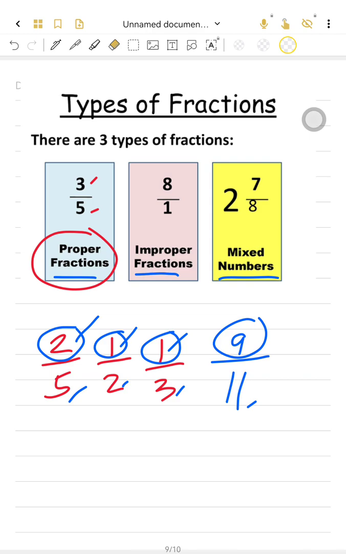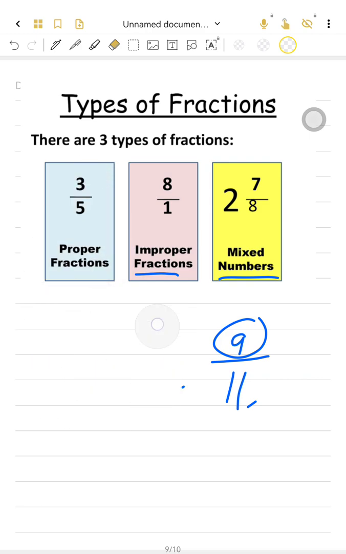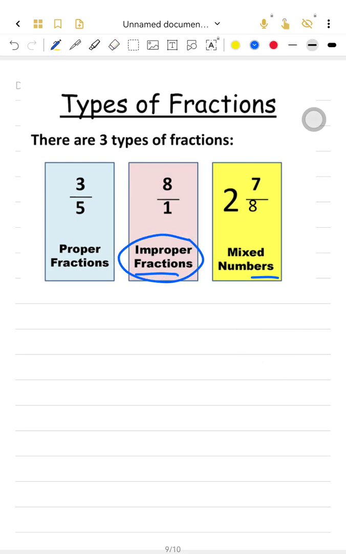Okay, so let's proceed to the second one. We have improper fraction. Improper fraction is a fraction in which the numerator is greater than the denominator. As you can see, we have 8 over 1.